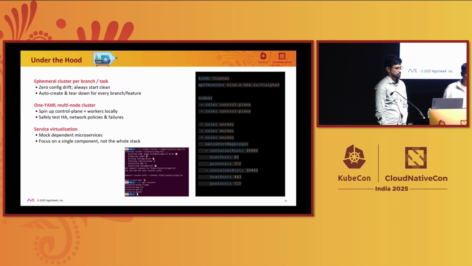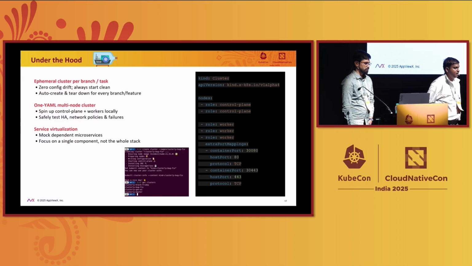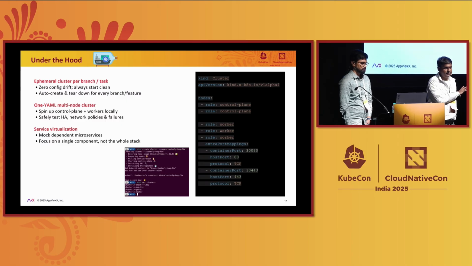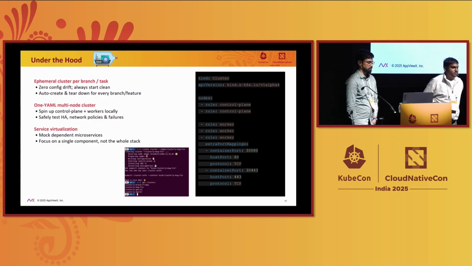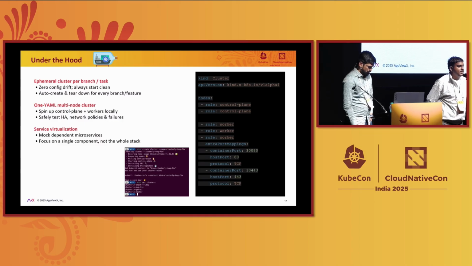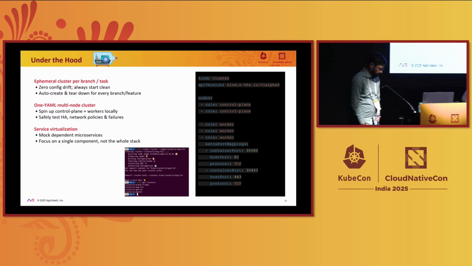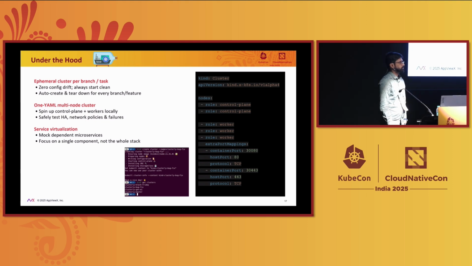The next main point is that the cluster is very simple. With simple YAML, we created a single cluster, but we can even create multi-cluster as seen. Similarly, most of us ask the question: my company has 10 to 1,000 microservices, do I have to run all of them locally? No, it doesn't have to be that way.